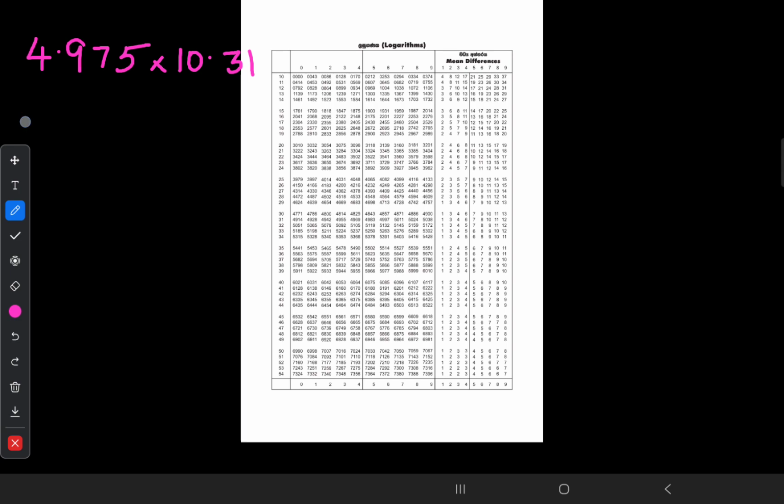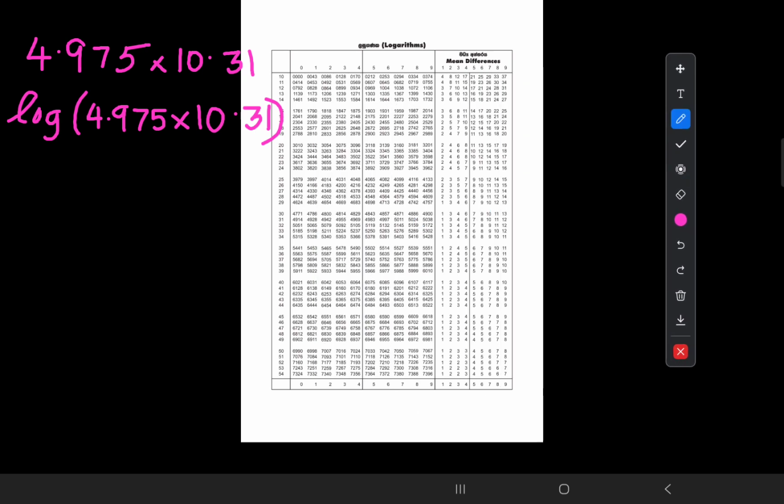So it will become log 4.975 multiplied with 10.31. In the logarithmic laws, we studied that if there is any multiplication inside the logarithmic, when you separate them as two different logs, that will become an addition.